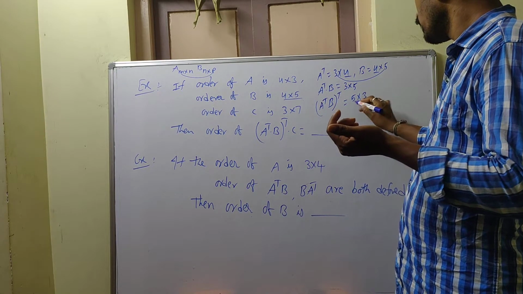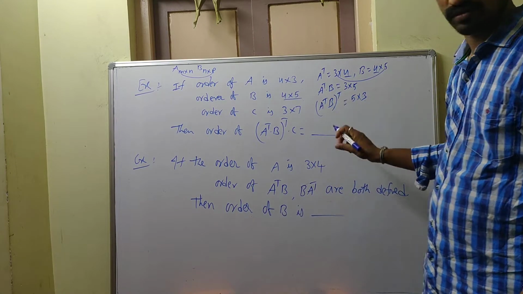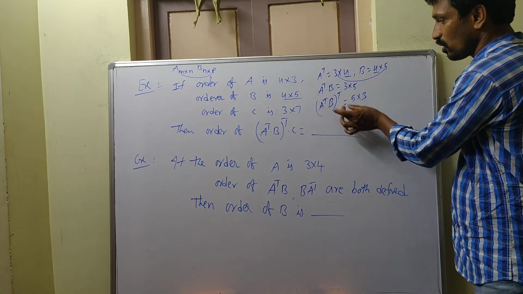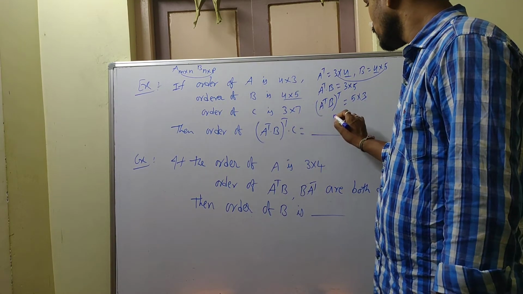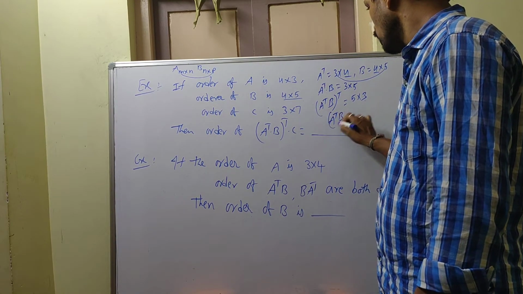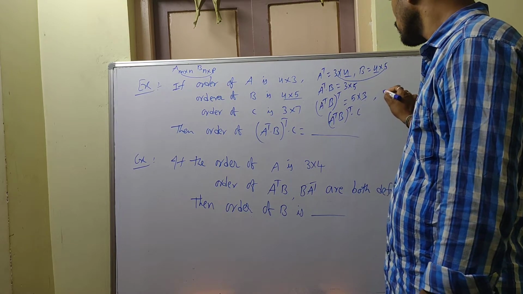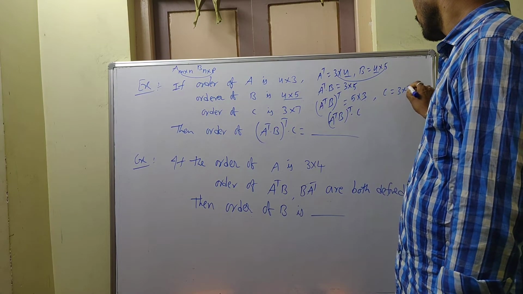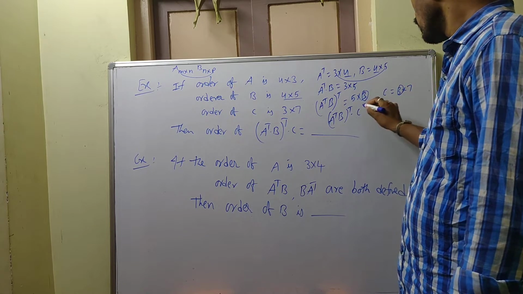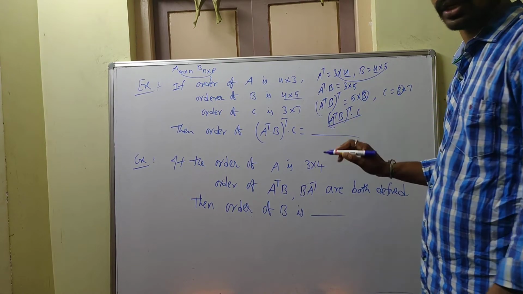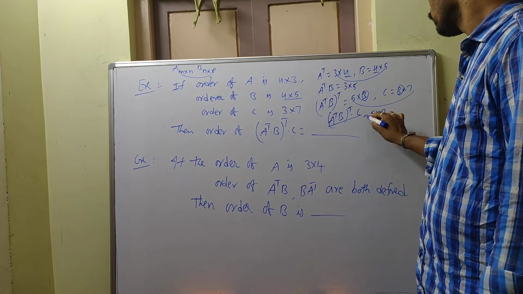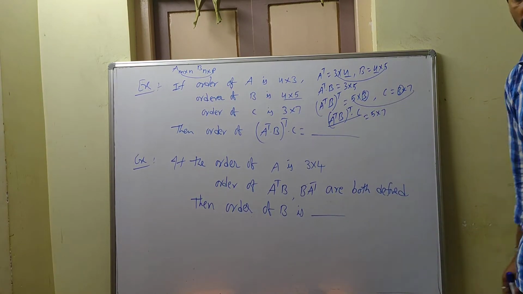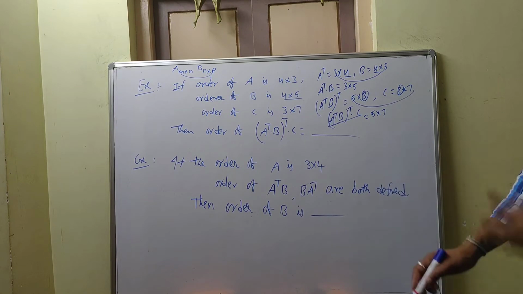Now he is asking A transpose B whole transpose into C. What is the order of C? 3 by 7. Because these two are equal, the multiplication is possible. This matrix order is 5 by 7. So total answer is 5 by 7. Like that we have to do this problem. This is a little bit mains level problem.